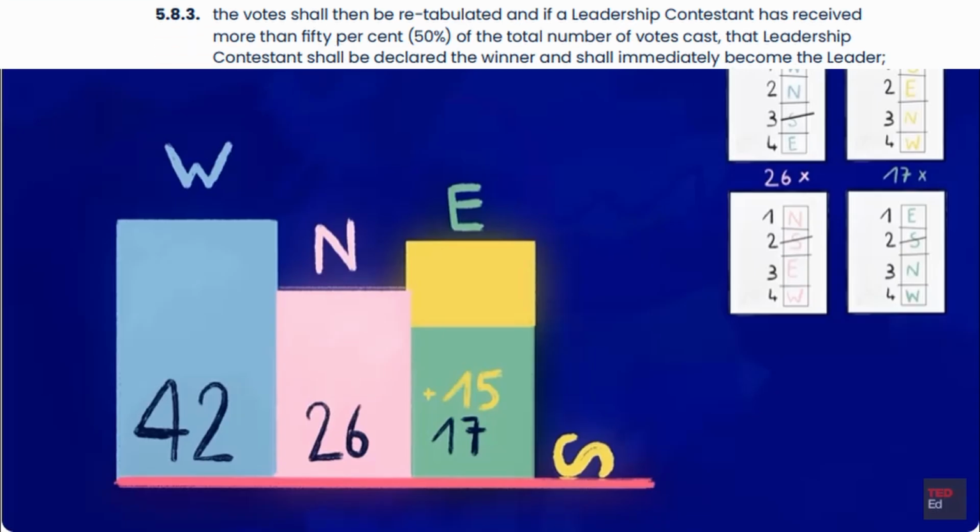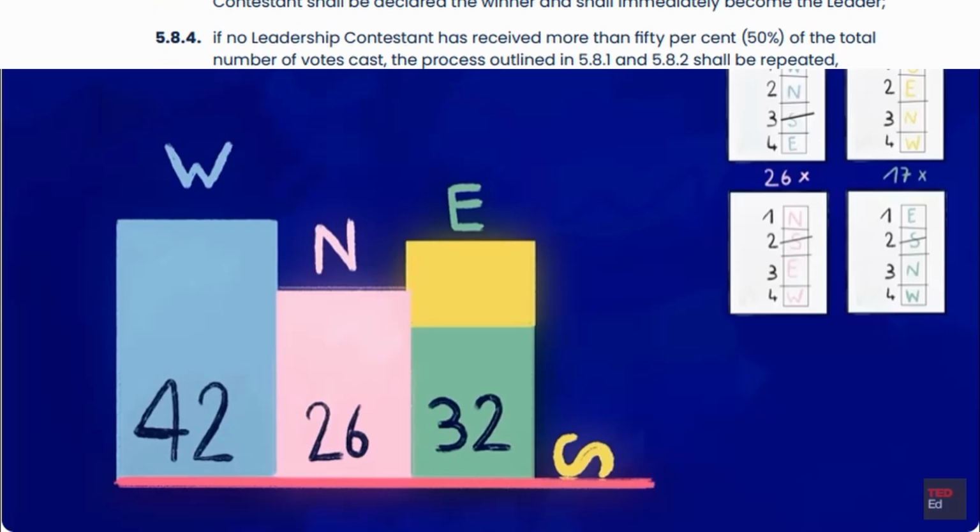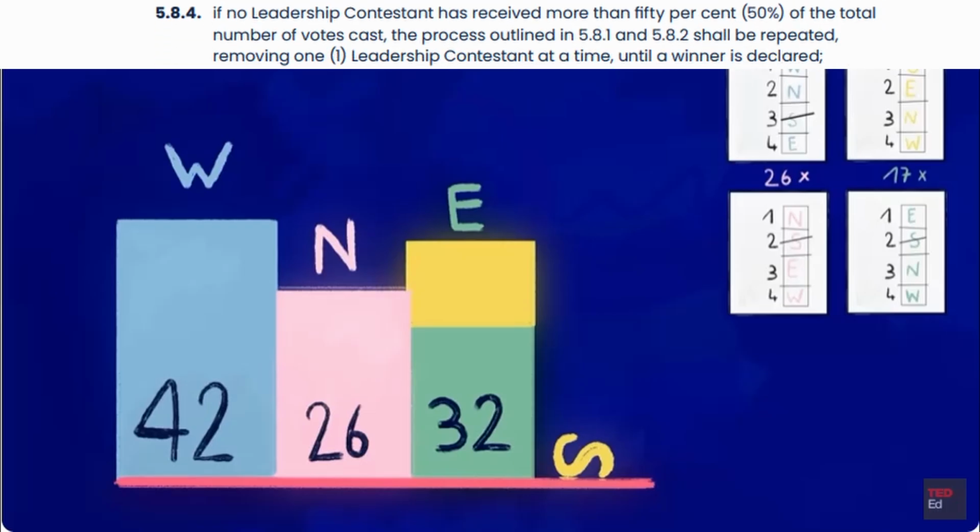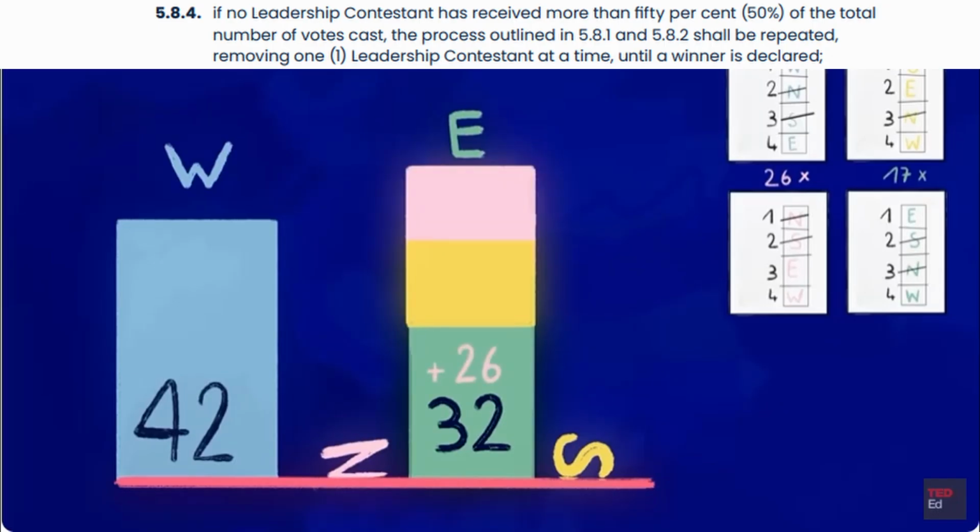The votes will then be retabulated, and if a leadership contestant has received more than 50% of the total number of votes cast, that leadership contestant will be declared the winner and will immediately become the leader. 5.8.4. If no leadership contestant has received more than 50% of the total number of votes cast, this process will be repeated, eliminating one leadership contestant at a time until a winner is declared.